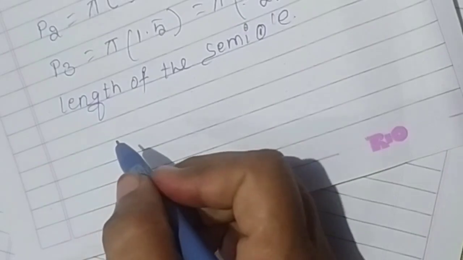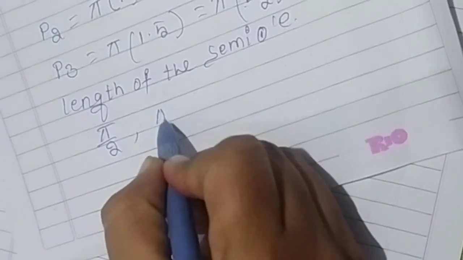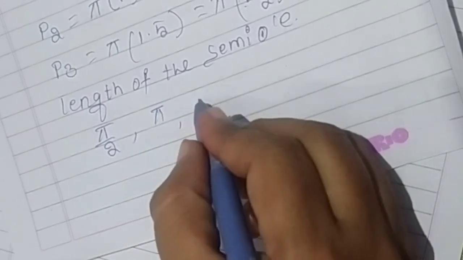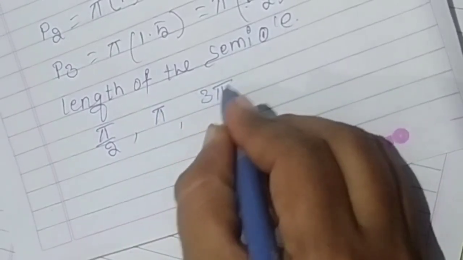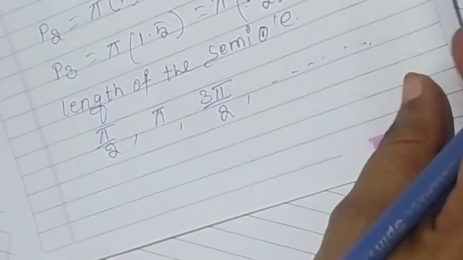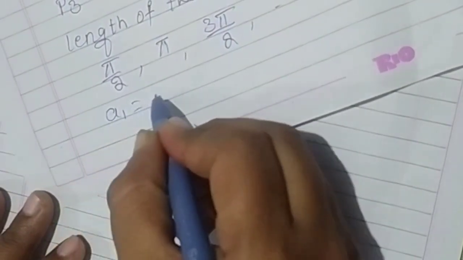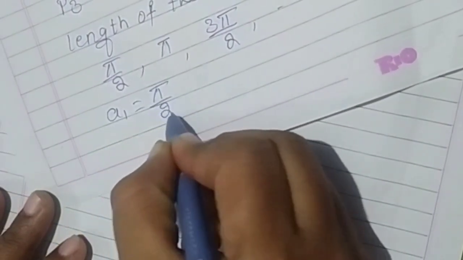Let us arrange them in order. So first perimeter we got as pi by 2, second we got pi, and third we got 3 pi by 2, like that. Yes, no? So let us find the common difference in that, and the first term is pi by 2.